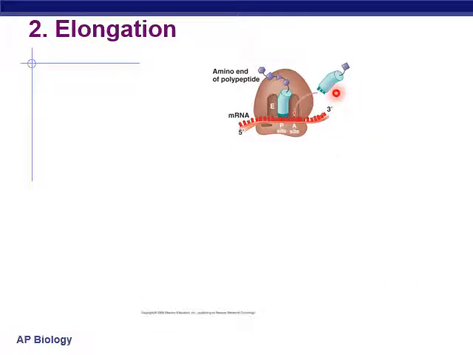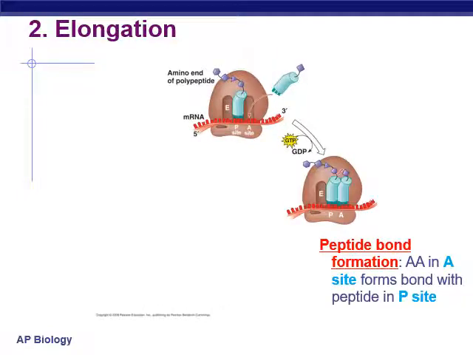The second tRNA with its amino acid binds to the second codon on the messenger RNA molecule at the A site. After that, the peptide bond forms. That means the amino acid in the A site forms a bond with the peptide in the B site.